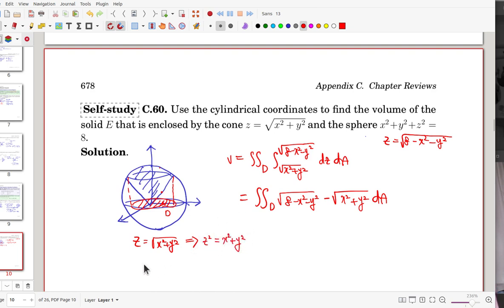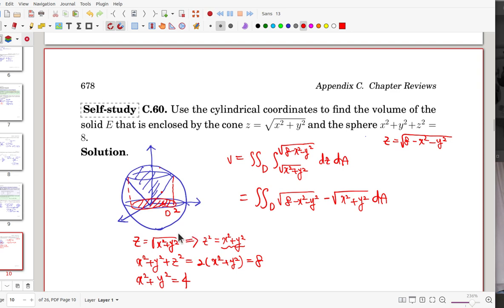Then x squared plus y squared plus z squared is twice x squared plus y squared, and that is 8, which means that x squared plus y squared equals 4. So we have radius 2.